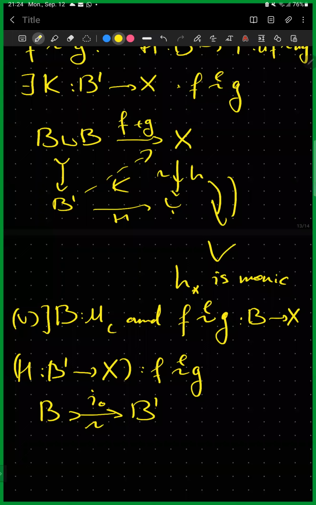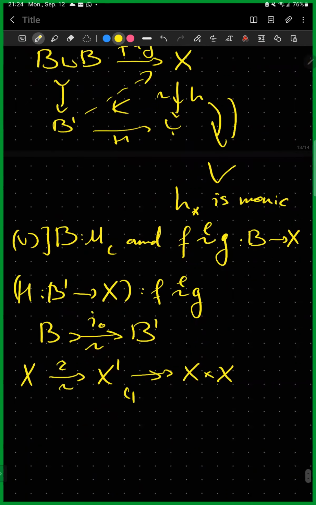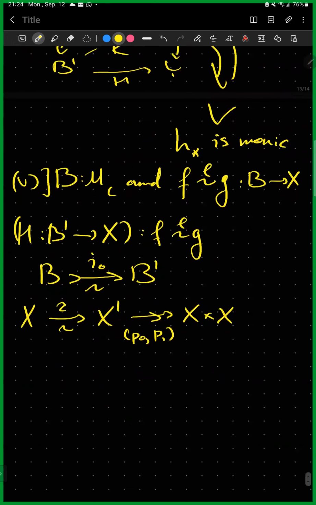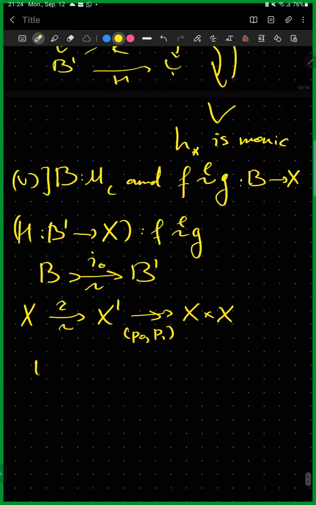Well, we established this before. And assume that we have some path object for X. So here we just have some weak equivalence. Here we have a fibration onto X times X. Then there exists a lift in the following diagram.